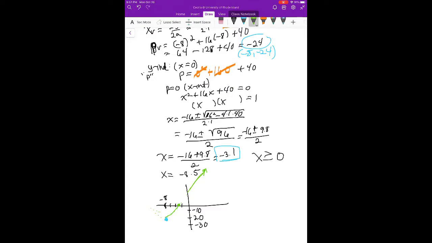This is at 40. So right here, this is 40. And I have to go back to the question to see, yes, this is the unit price. It's in dollars.